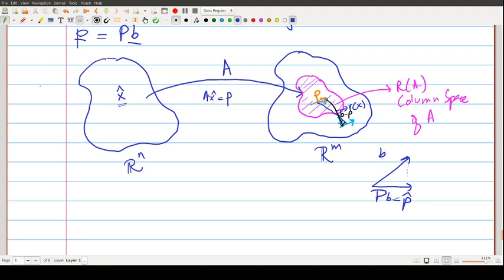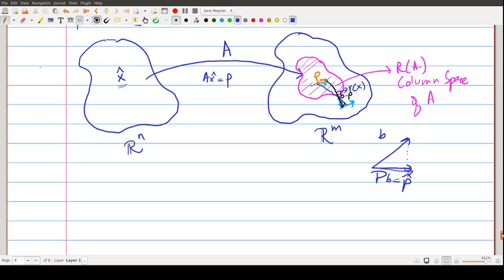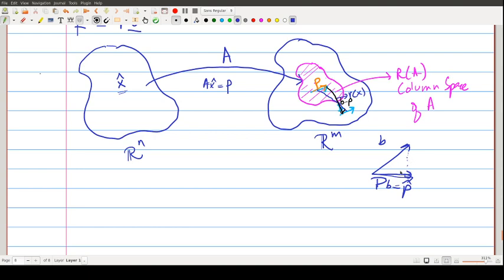So essentially, this matrix, when you multiply it with B, projects it onto the vector which is closest to it, the orthogonal projection.